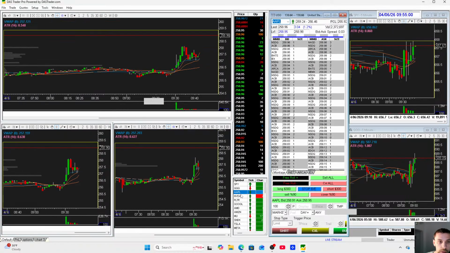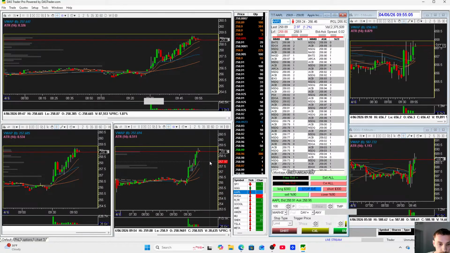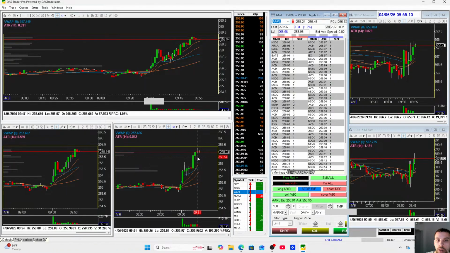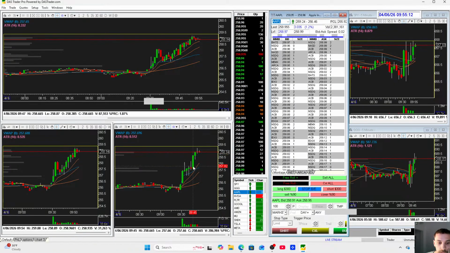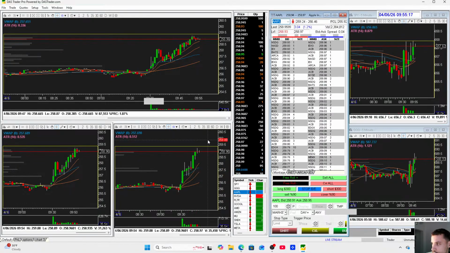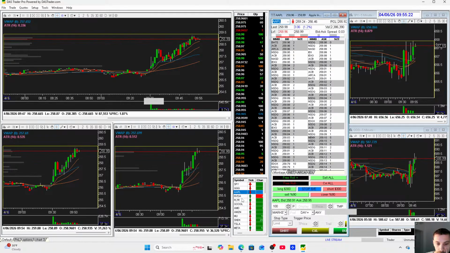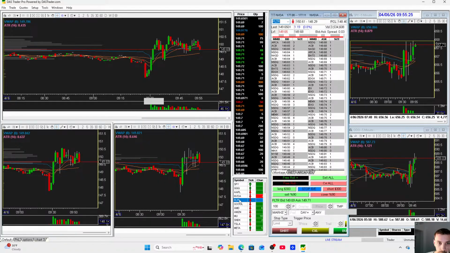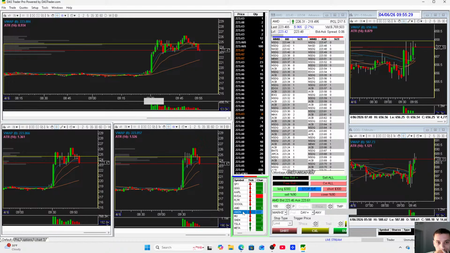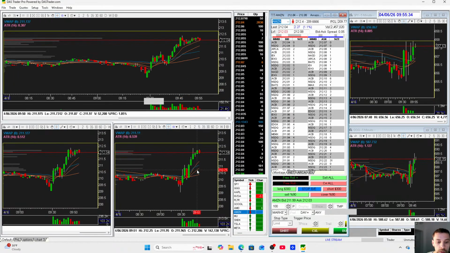Let's see what's going on. Oh wow, Apple's grinded all the way up. Volume's very average here. There's nothing standing out yet, but Apple's interesting. Amazon has been working its way up as well.